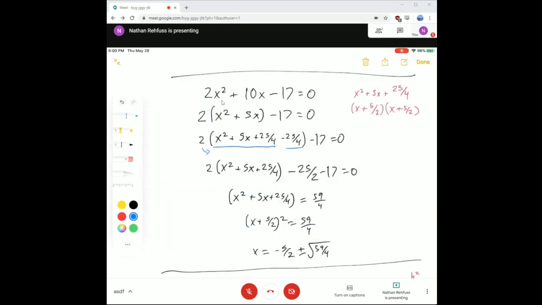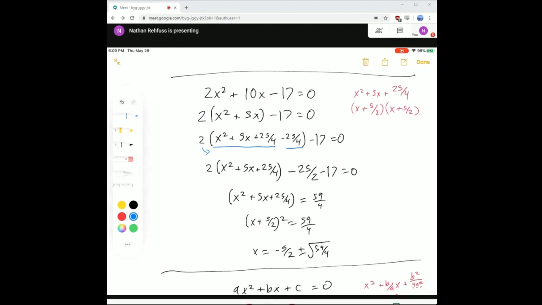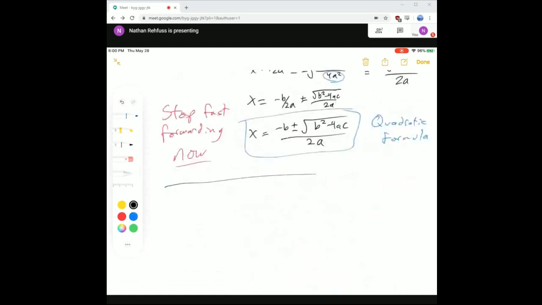scroll up here, 2x squared plus 10x minus 17 equals 0. Instead, I can say, if 2x squared plus 10x minus 17 equals 0, then A is 2, B is 10, C is negative 17.